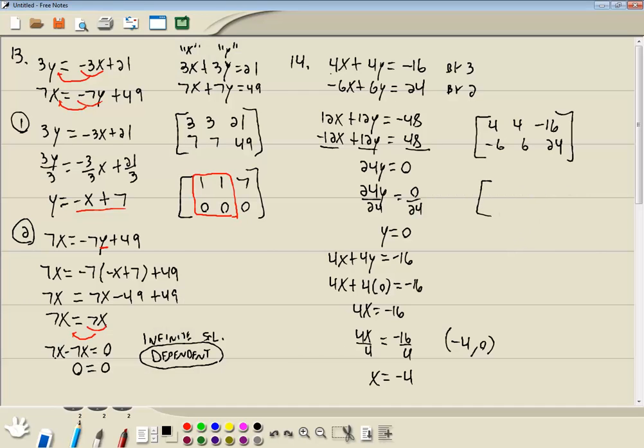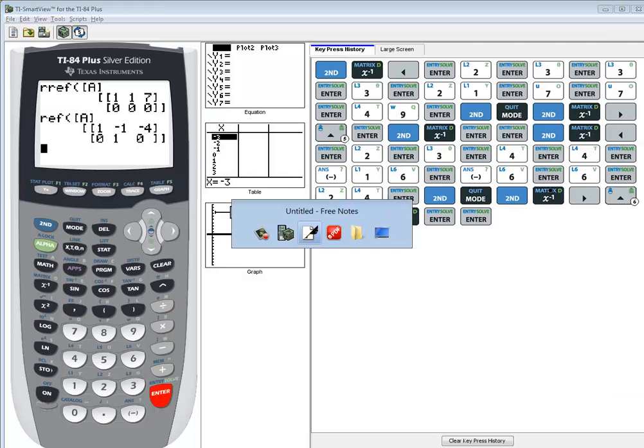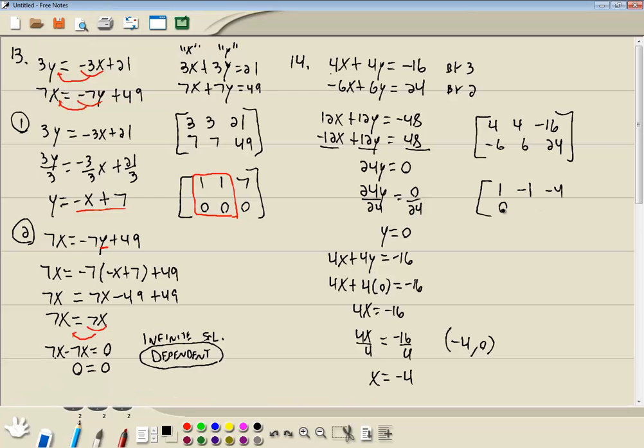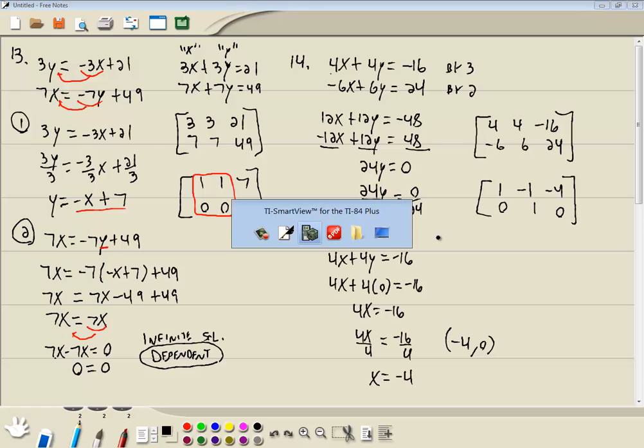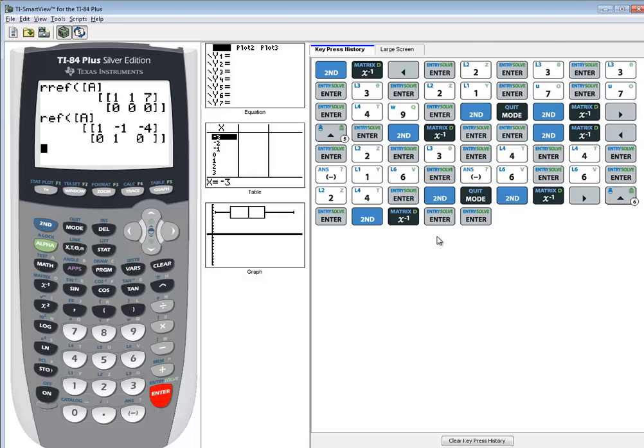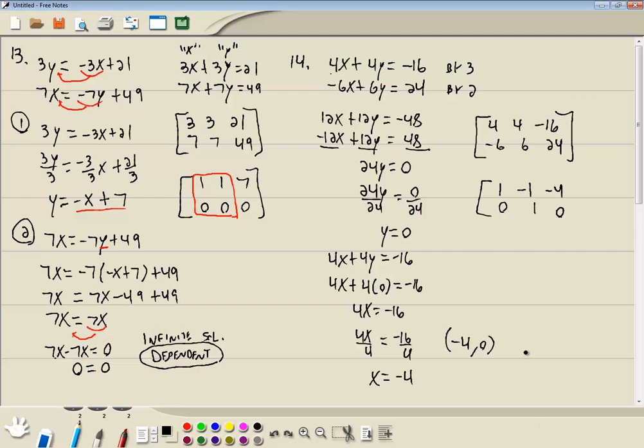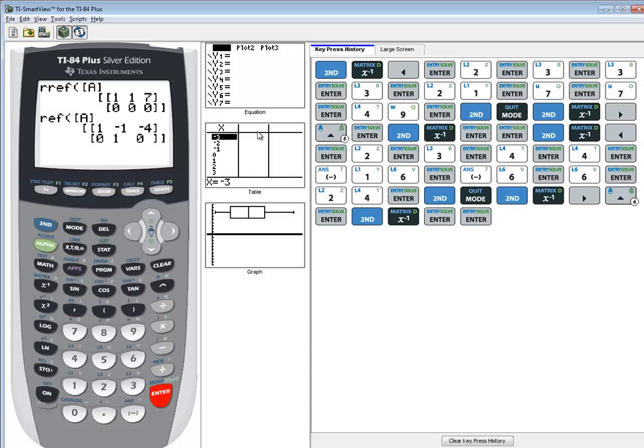Okay, we end up with 1, negative 1, negative 4, 0, 1, 0. Except for I did REF. Okay, I didn't mean to do that. I was wondering, those results looked a little weird. Didn't look like one of our oddball cases, and it sure didn't look like our answer. So, okay, I'll try it again.